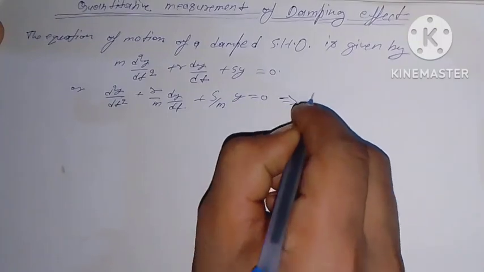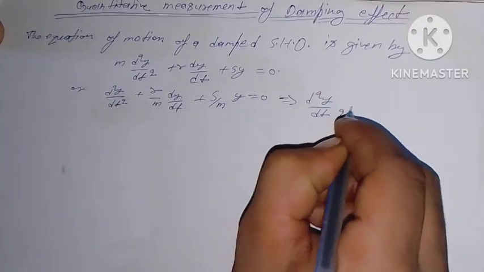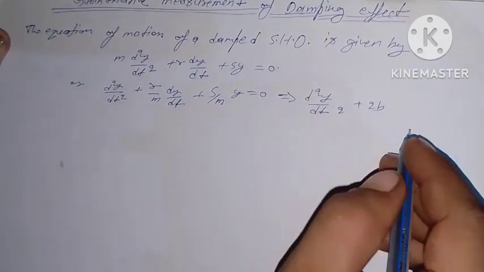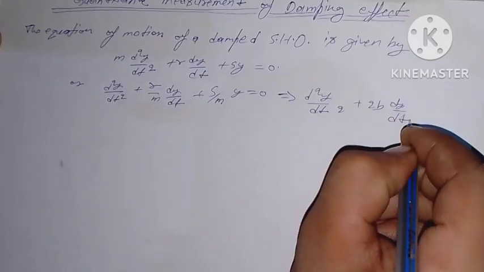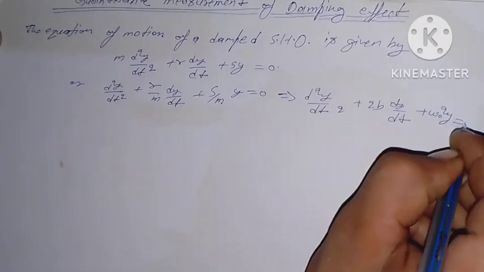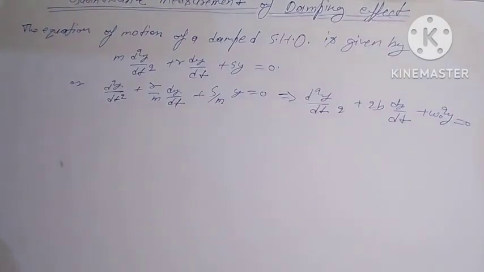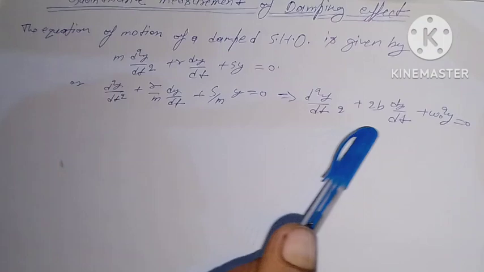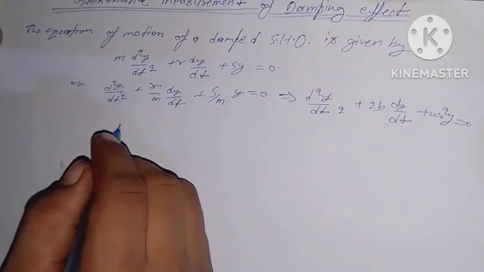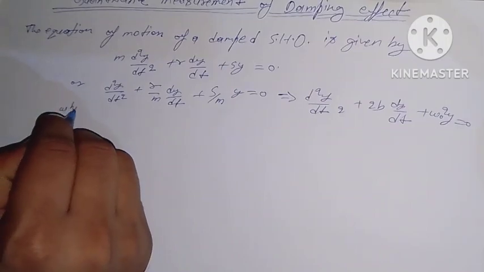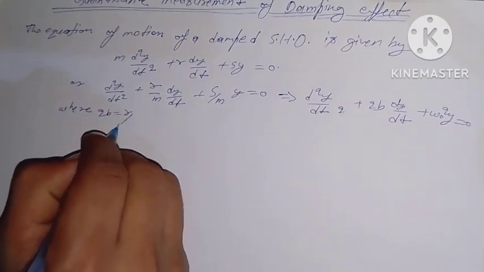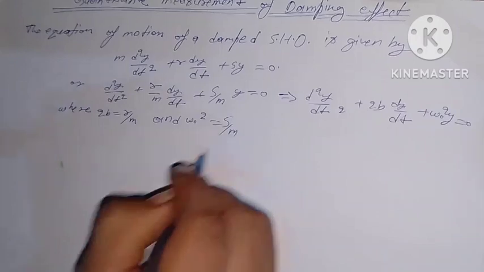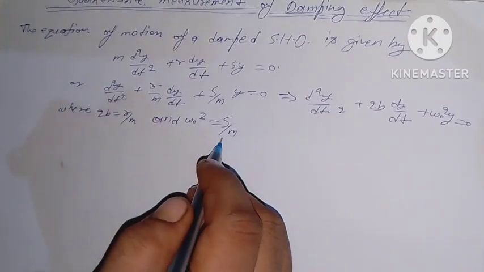d²y/dt² + 2b dy/dt + ω₀²y = 0, where 2b = r/m and ω₀² = s/m.